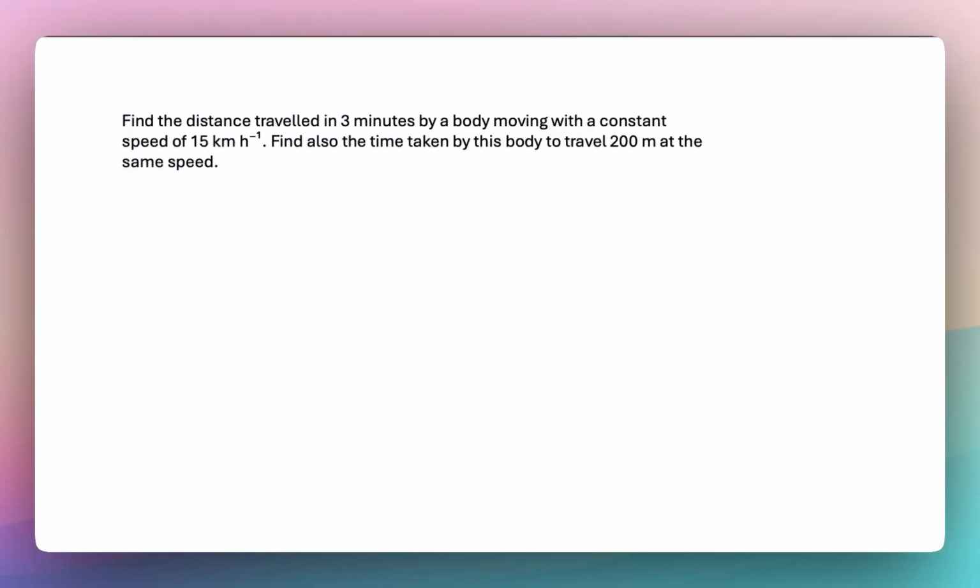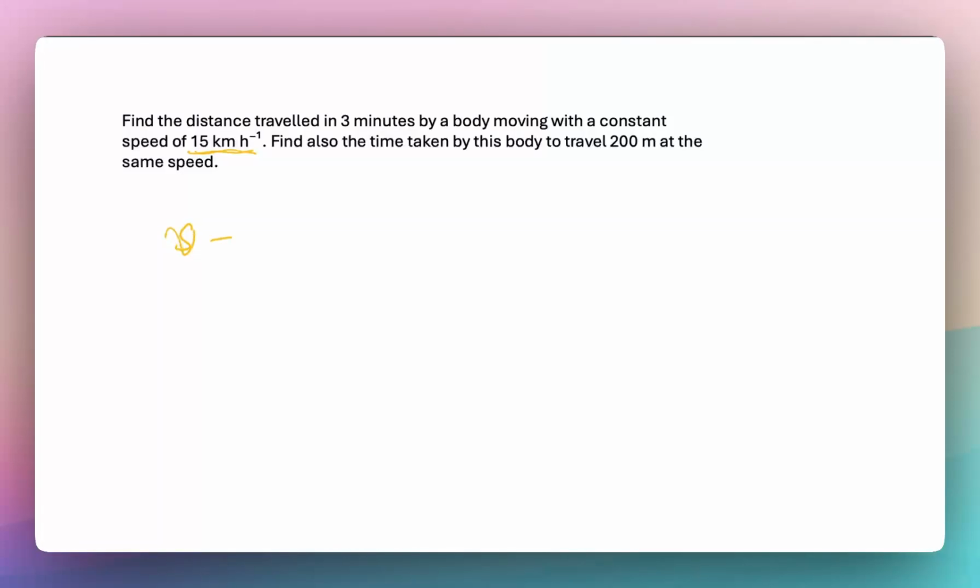So yes, here is the question. Find the distance traveled in 3 minutes by a body moving with constant speed of 15 kilometers per hour, right? Our speed is not a vector, so I'm not going to put an arrow sign there.